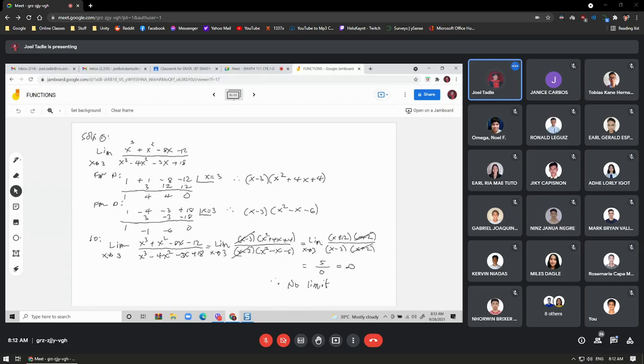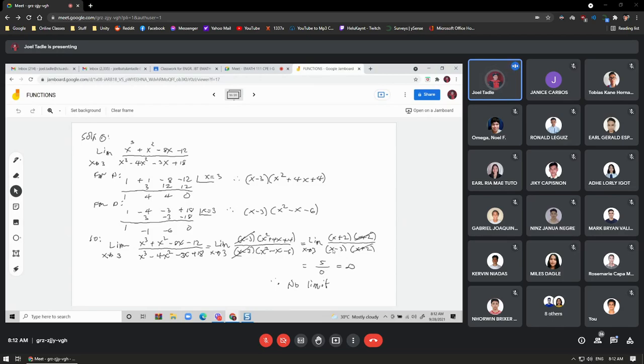So, we have here the factors, no, of the numerator, x plus 2 and x plus 2. Then for denominator, x minus 3 and x plus 2. We can cancel x plus 2, but still, it will substitute 3 for x. The denominator is still 0.